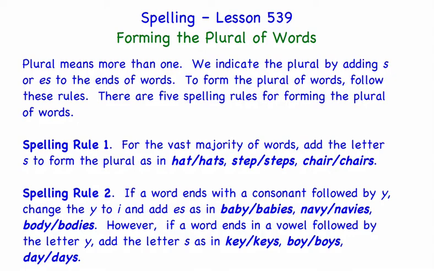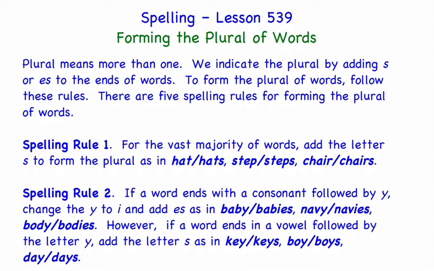Now, spelling rule 2 says that if a word ends with a consonant followed by Y, change the Y to I and add ES, as in baby, babies, navy, navies, body, bodies. But if a word ends in a vowel followed by the letter Y, add the letter S, as in key, keys, boy, boys, day, days.